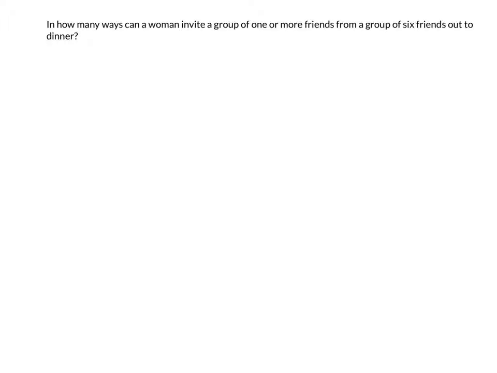But if you look at this a slightly different way, it turns out to be very useful for counting these kinds of problems, particularly when the case by case gets to be odious, if there's 20 friends or 30 friends.